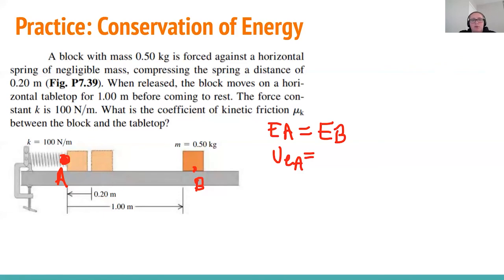What is the block doing at block B? The block stops, right? So no velocity means no kinetic energy. It doesn't have any height, it's not touching a spring, so there's no kinetic energy and no potential energy. It should have no energy.